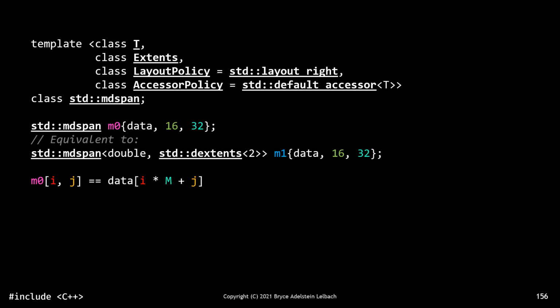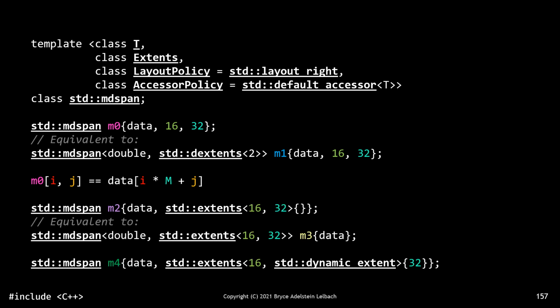Thanks to a recent core language change in C++23, indexing operators can now take multiple parameters. You can also make MDSpans of static or mixed extents. The simplest way to construct these is by passing an extents object as the second constructor argument. Now, let's talk a bit more about layouts.